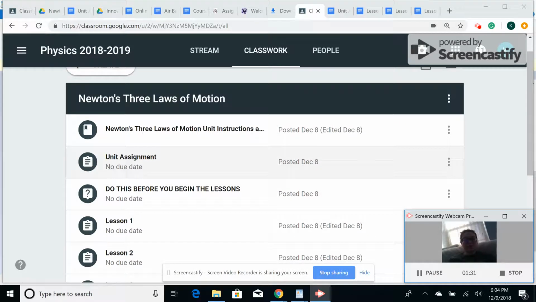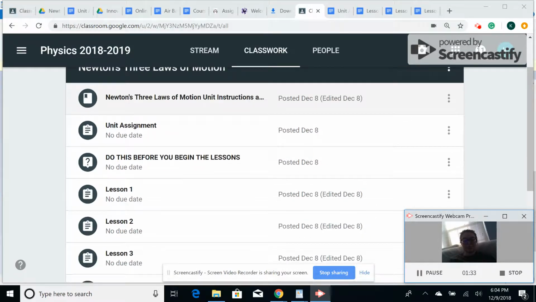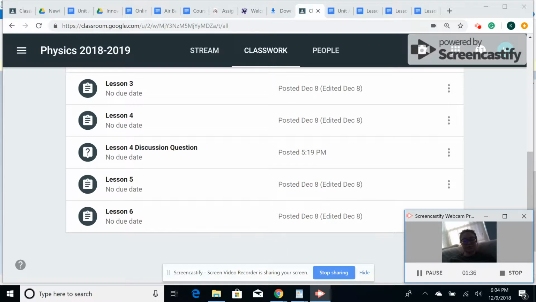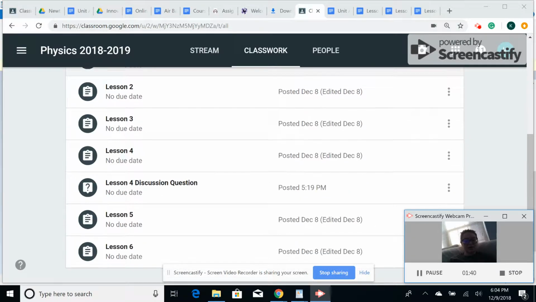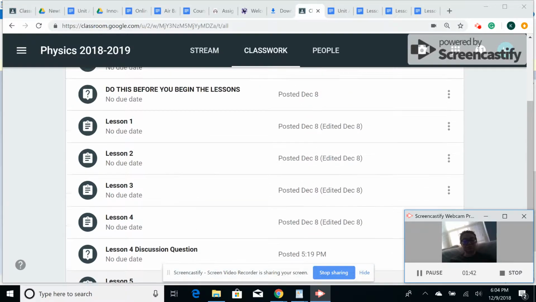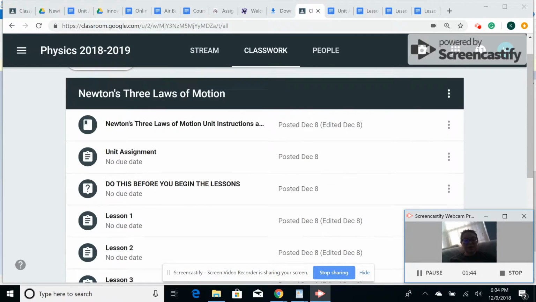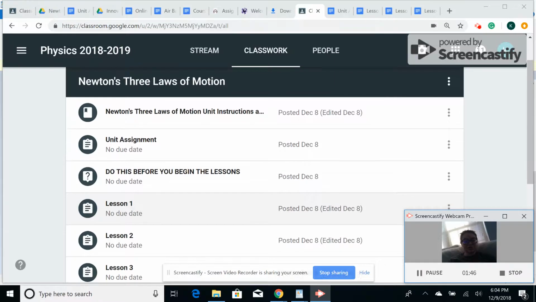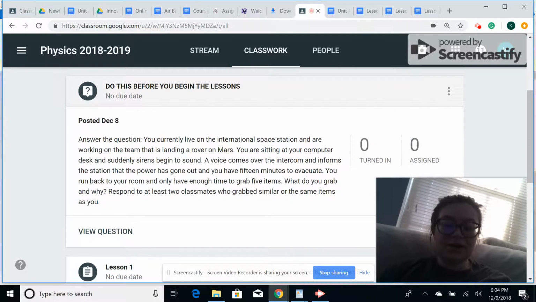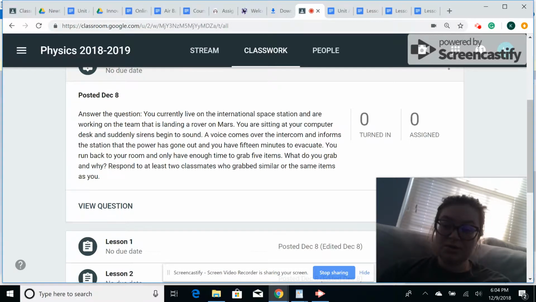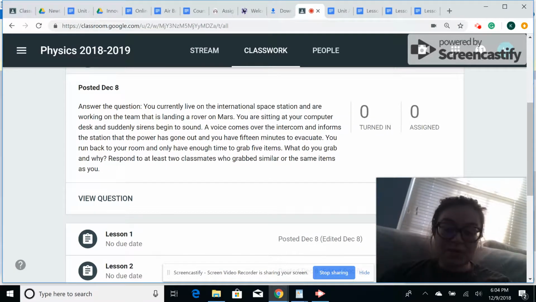As you can see, it's all under the same topic, and it's all in the order that they need to do each one of the lessons. There are 6 lessons total. They've got several different discussions. This one right here is a discussion question, a community building activity, where they discuss what things they would grab and why if they had to evacuate the International Space Station, if they were living on there.